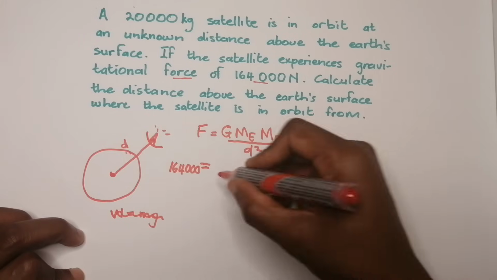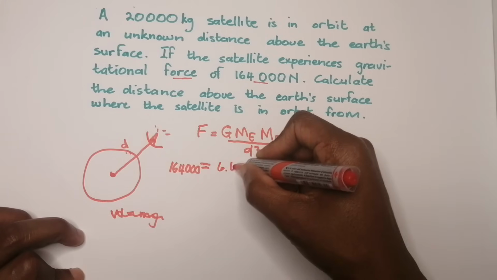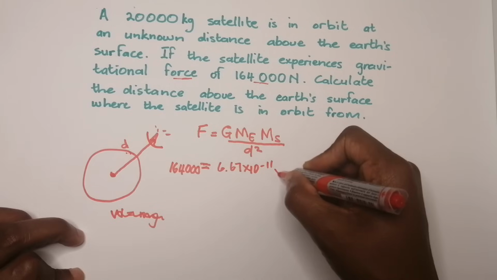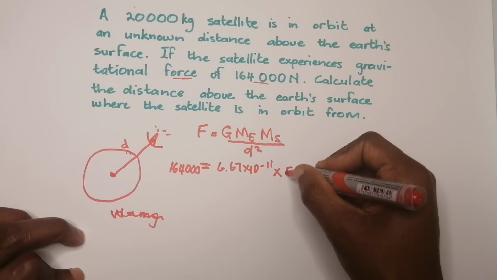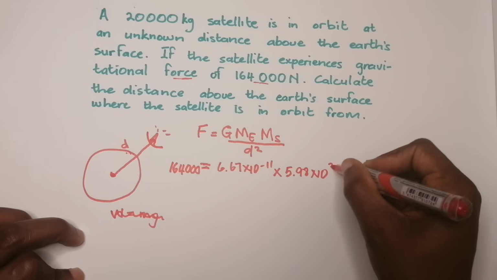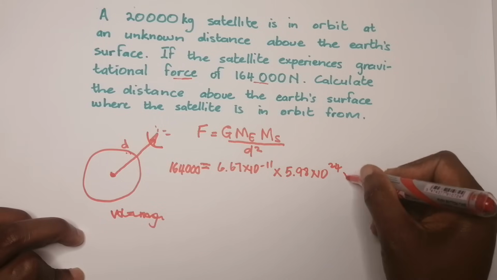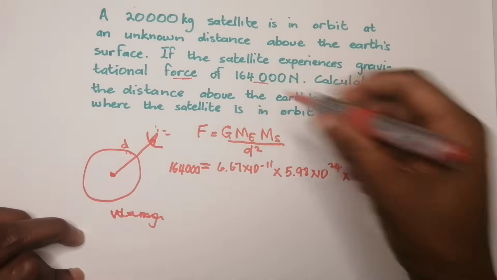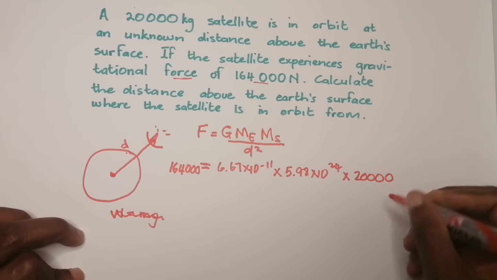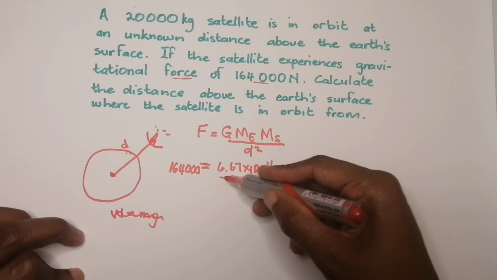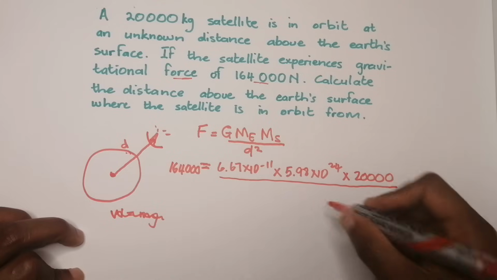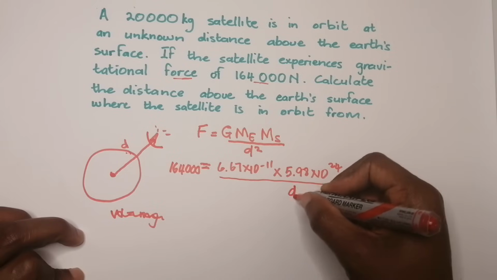G is 6.67 times 10 to the power minus 11. The mass of the Earth is 5.98 times 10 to the power 24. The mass of the satellite, they gave us as 20,000. And we want to find the distance d squared.